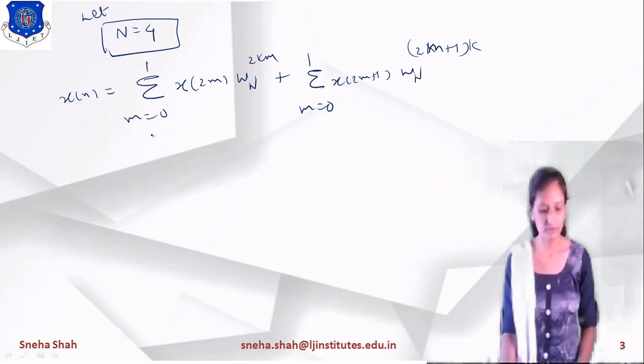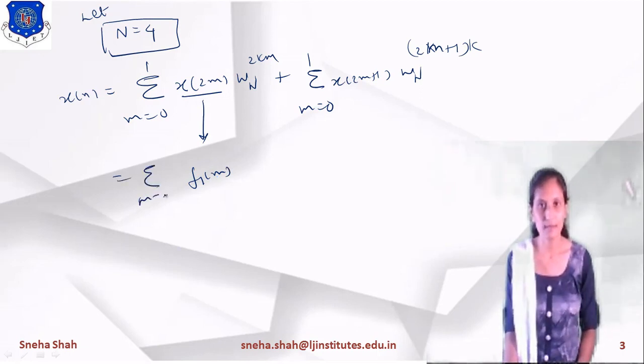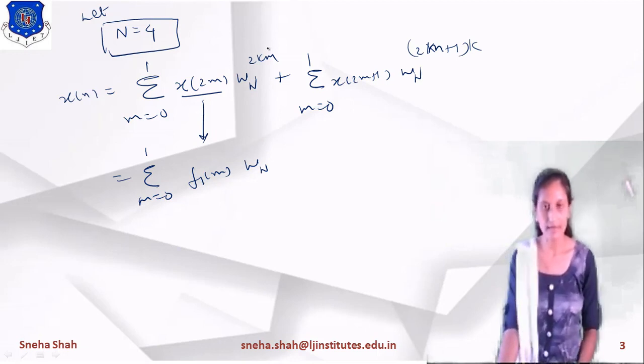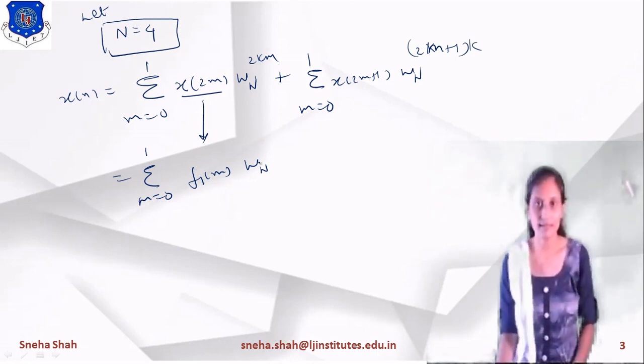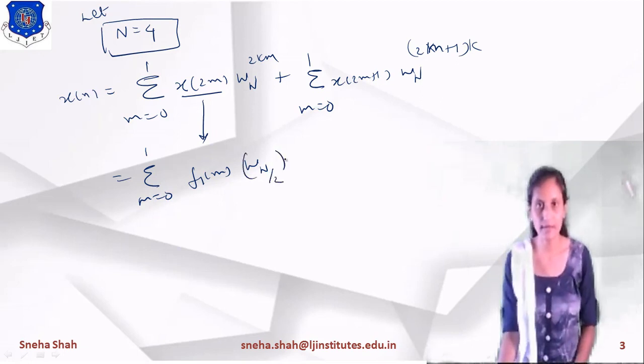What will be the value? This function will be represented as f1 of n, summation n equals 0 to 1. This one is W_N raised to 2kn, and if I represent this in terms of N by 2, then it will be represented as W_N/2 raised to kn.